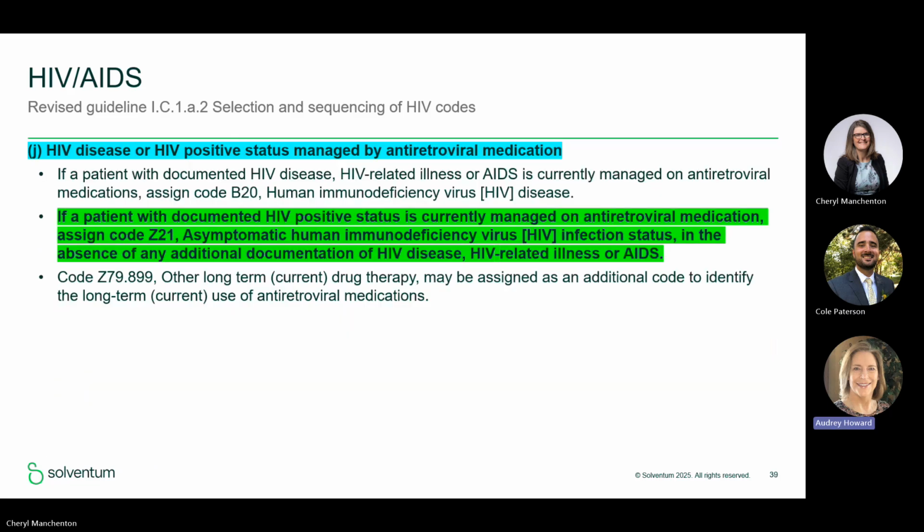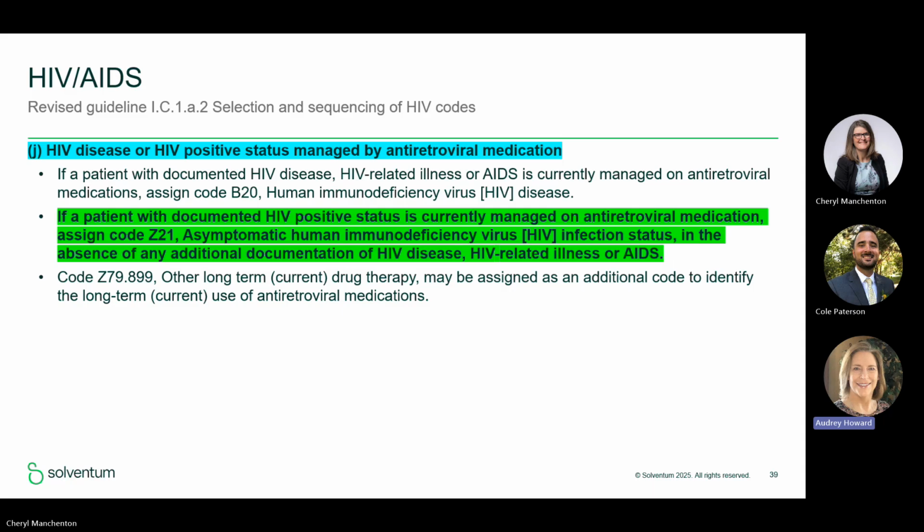And then on the guideline J, finally, this guideline for HIV disease or HIV positive status managed by antiretroviral medication was updated. I appreciate this revision for this guideline. The guideline always stated if a patient with documented HIV disease, HIV-related illness, or AIDS is currently managed on antiretroviral medications, assign code B20.